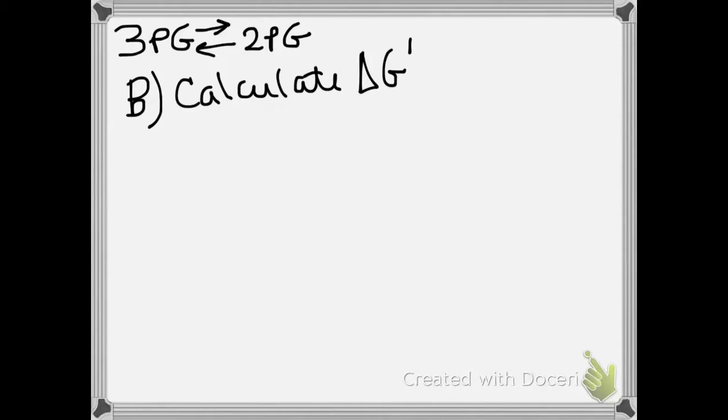The standard free energy change would have a naught as a superscript. So this should immediately speak to you as having to do with those experimental values that were given at the beginning of the problem. And I'll just write them again.